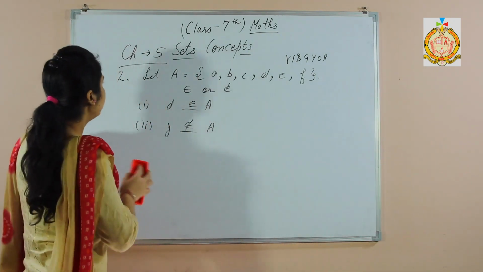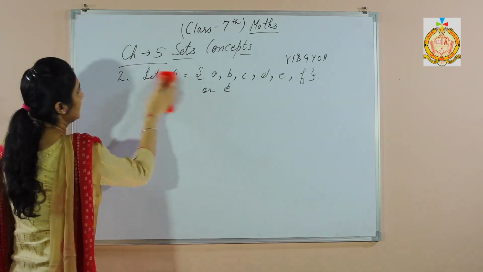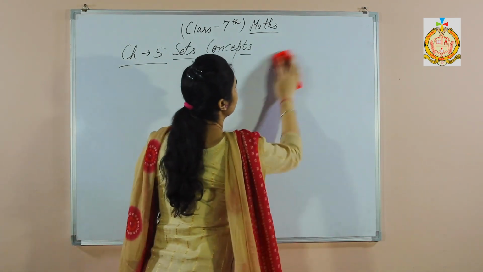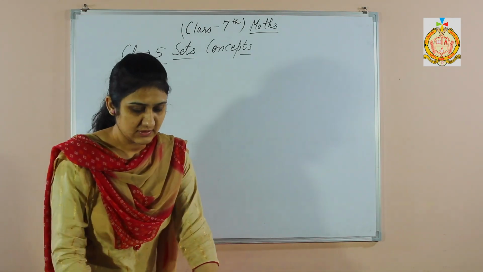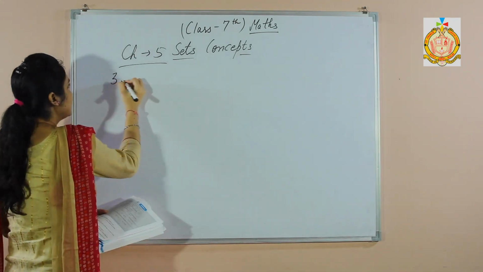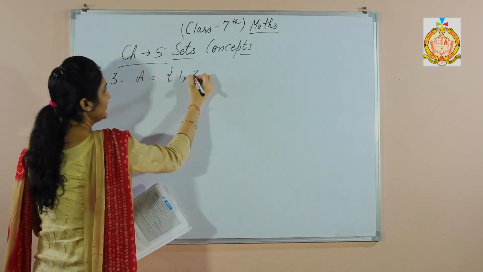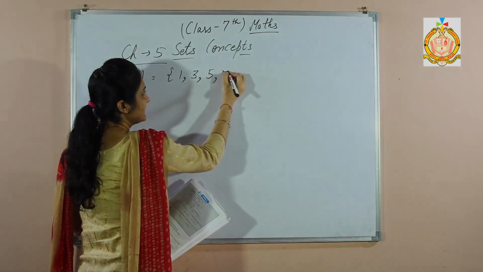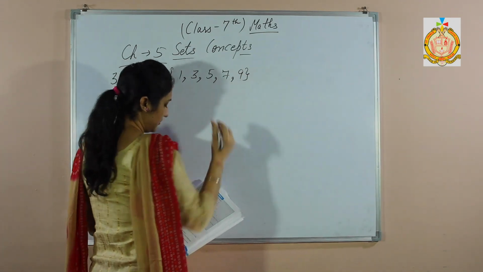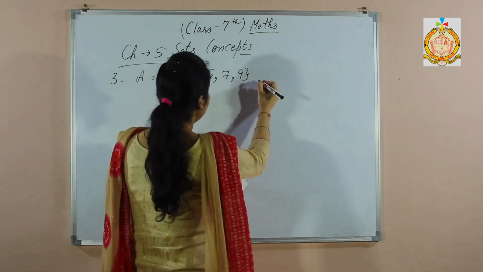Next, the third part. In the third part the set A is given, that is {1, 3, 5, 7, 9}, odd numbers up to 9.